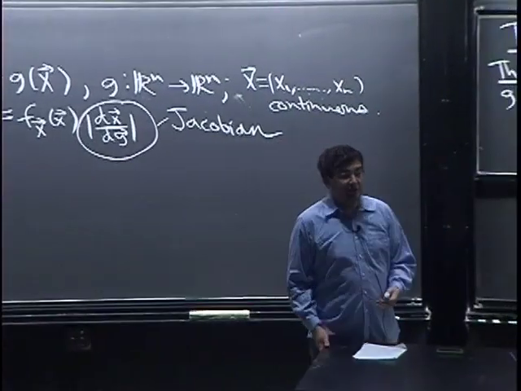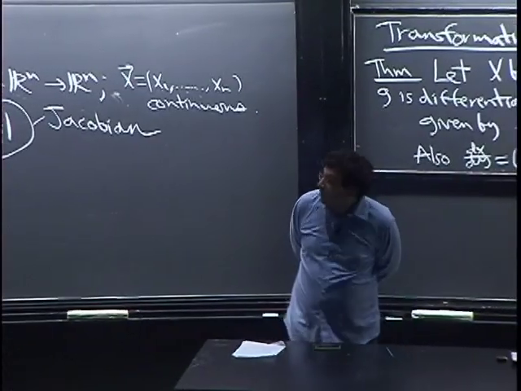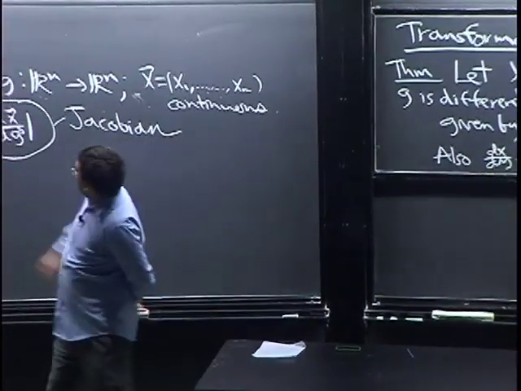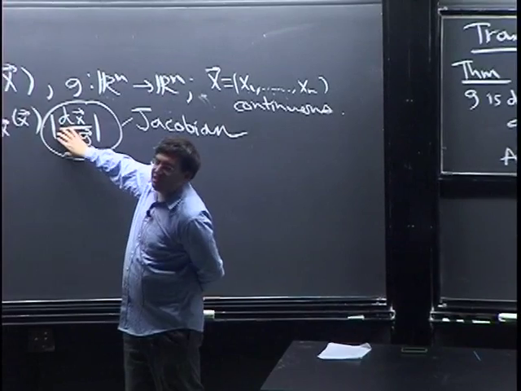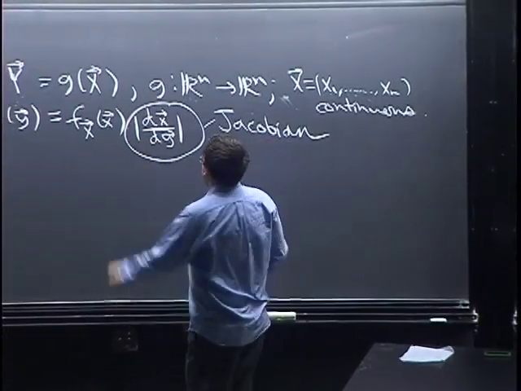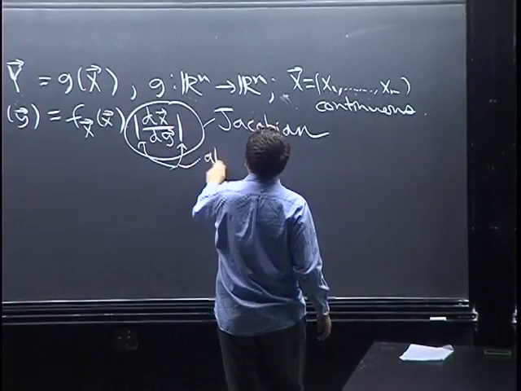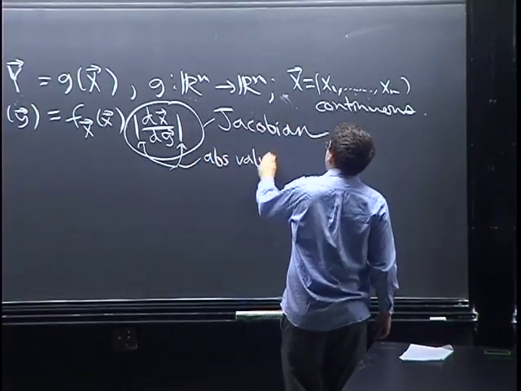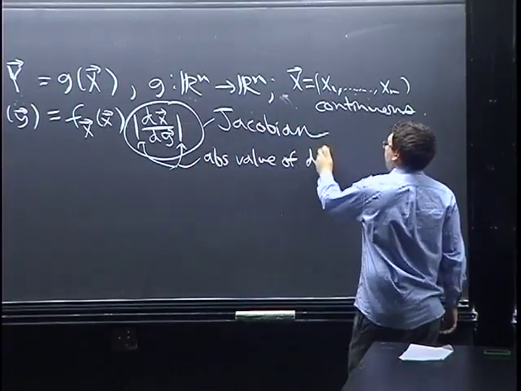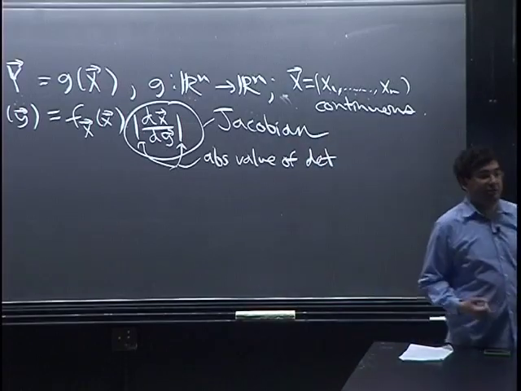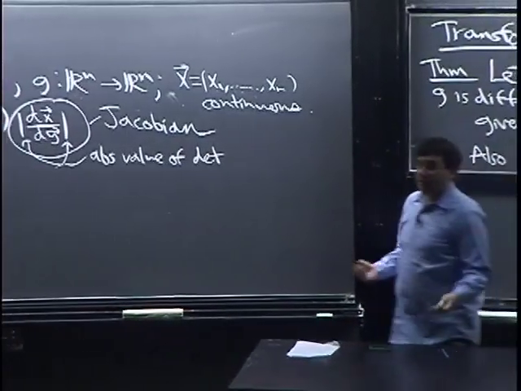So it's just a matrix of all possible partial derivatives. And it doesn't make much sense to stick in a matrix here. So actually these absolute value symbols mean take the absolute value of the determinant. So we're taking this Jacobian matrix, we take the determinant of it, take the absolute value.